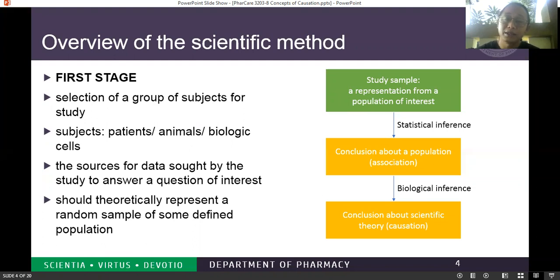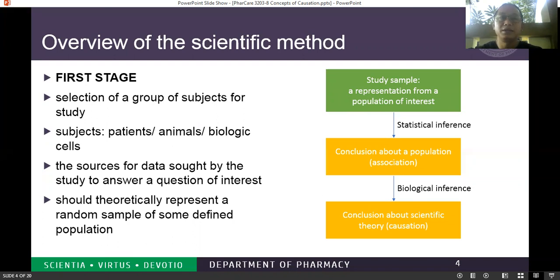The second group of sampling is the non-probability sampling. Techniques in that group can be purposive sampling, convenience sampling, and also chunk sampling.